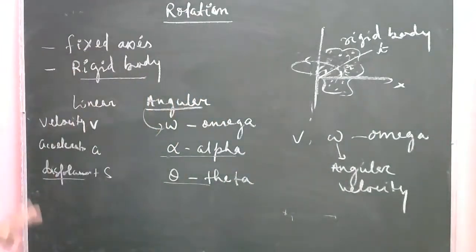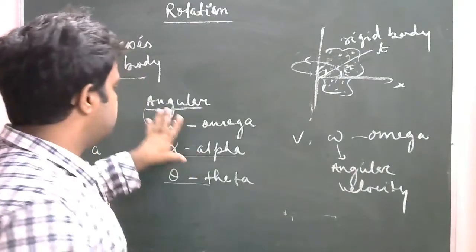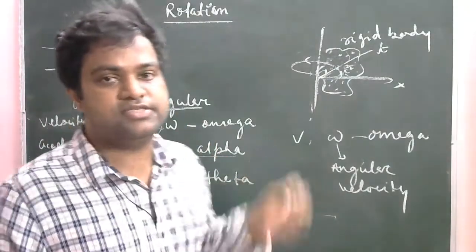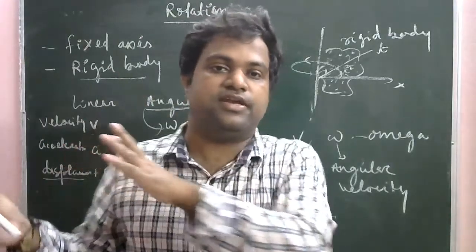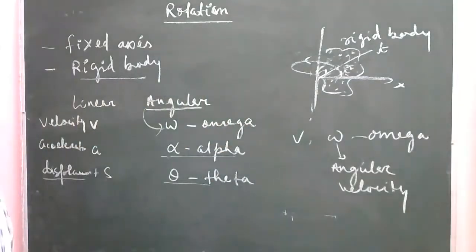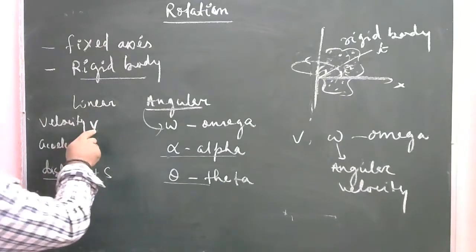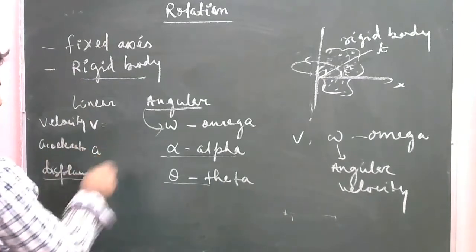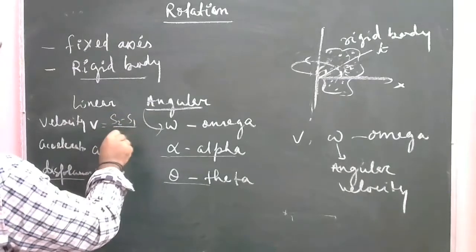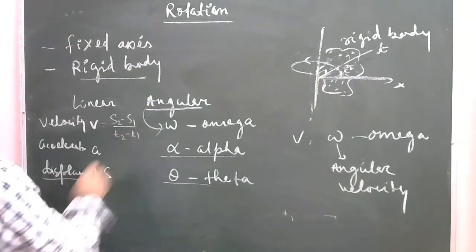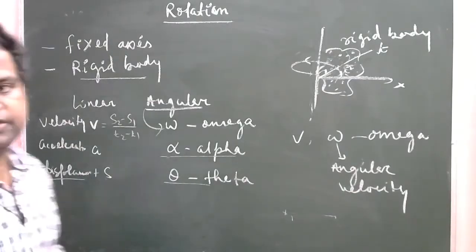Anyway, these are just the representations. Just compare with your linear case, which is well known to you. Velocity is the change in displacement, S2 minus S1 by T2 minus T1. This is what we write for velocity.